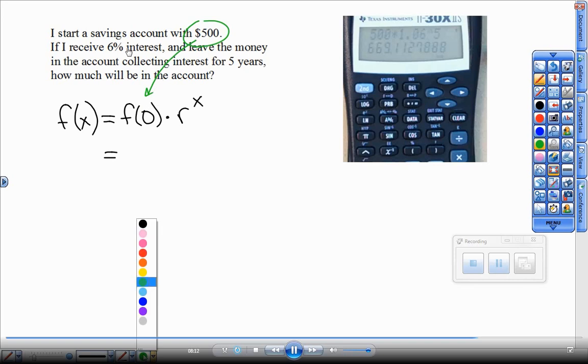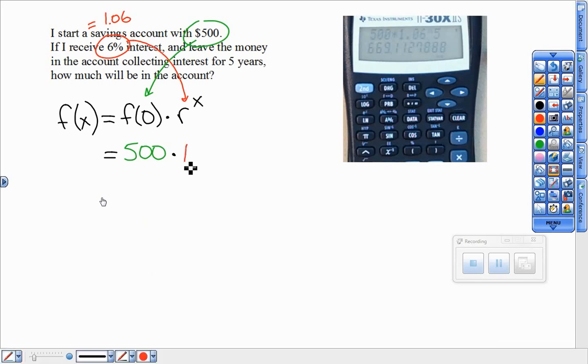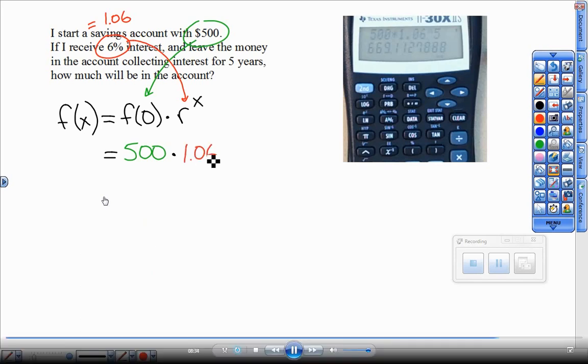That 6% is written as 1.06 to make something increase by just its whole part plus a little bit. 1.06 is my common ratio, my r. So the equation that I'm going to use is 500 times 1.06 raised to the x power. So again, this generic equation, f of x equals 500 times 1.06 to the x power.